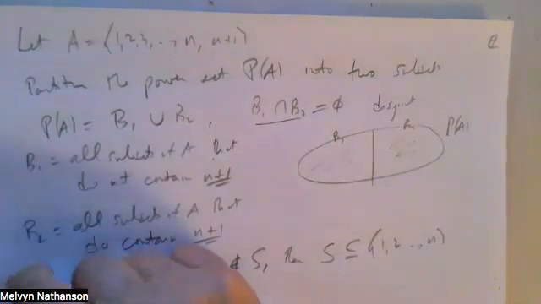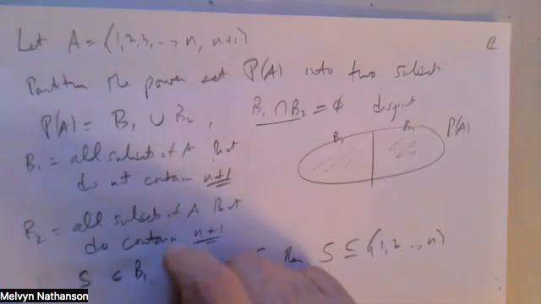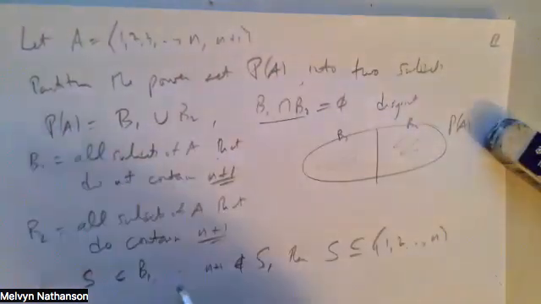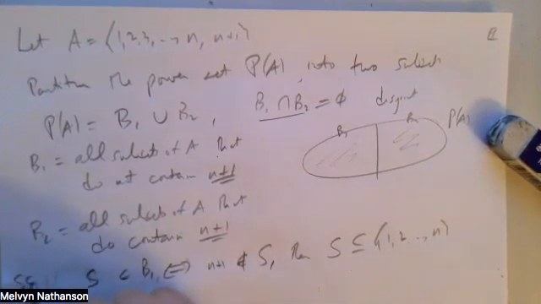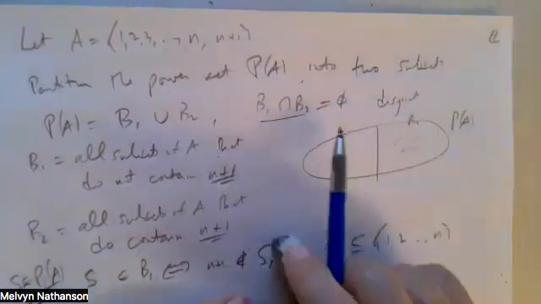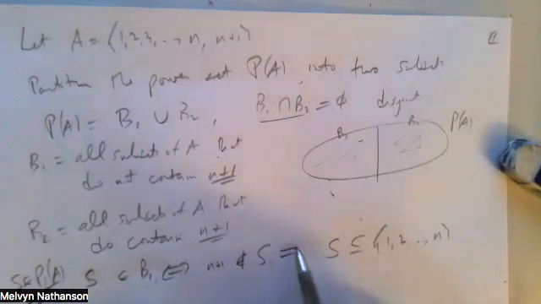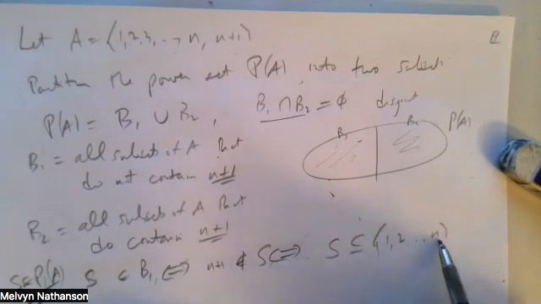In fact, I could say this. If S is a subset in the power set of A, it's in B1 if and only if it doesn't contain n plus 1. And a subset doesn't contain n plus 1 if and only if it's actually a subset of the integers from 1 to n.